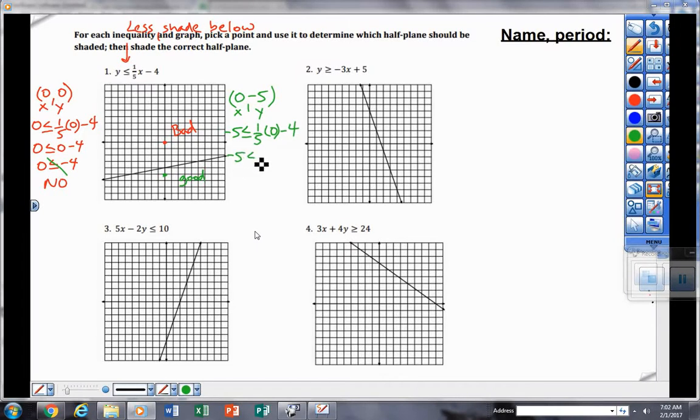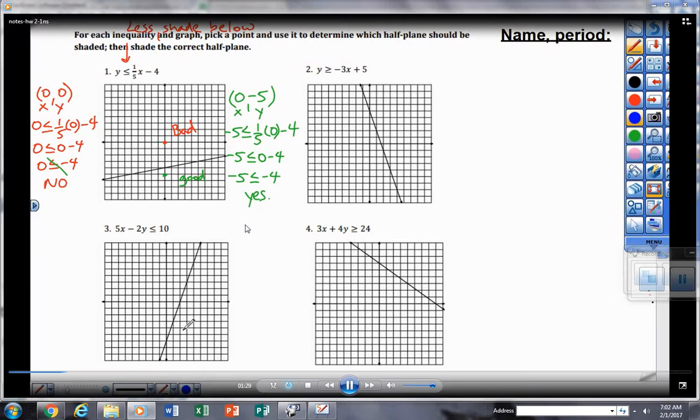That gives me negative 5 less than or equal to 0 minus 4. Negative 5 is less than negative 4. That is true. So I will shade down below now. Every point in this shaded zone will give me the same result, a true statement, and points on this line, which we'll start looking at, will also give me a solution.